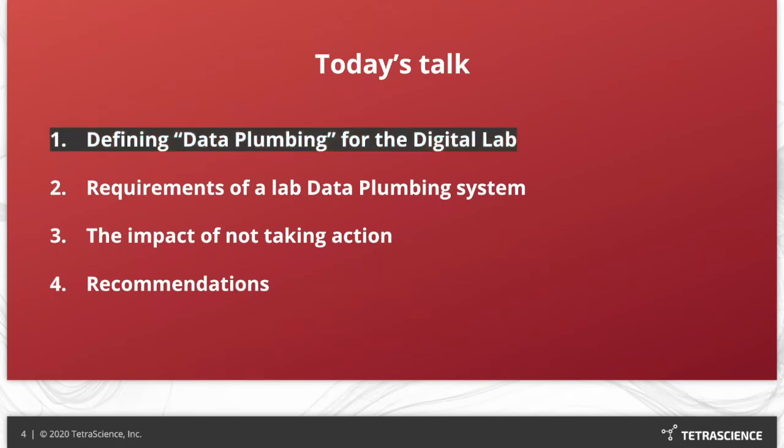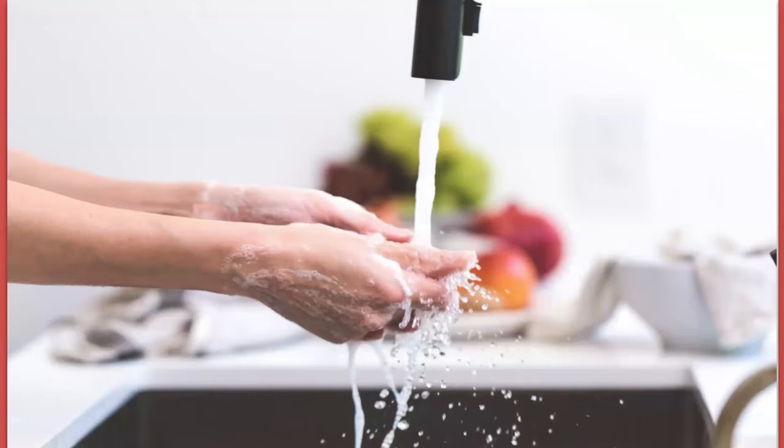In terms of defining a data plumbing system, we want to bring you back to your home. When you think about plumbing, you may think about having running water, running dishwasher, laundry machine, right? That's especially true when we're all sheltering at home. Those are essential.